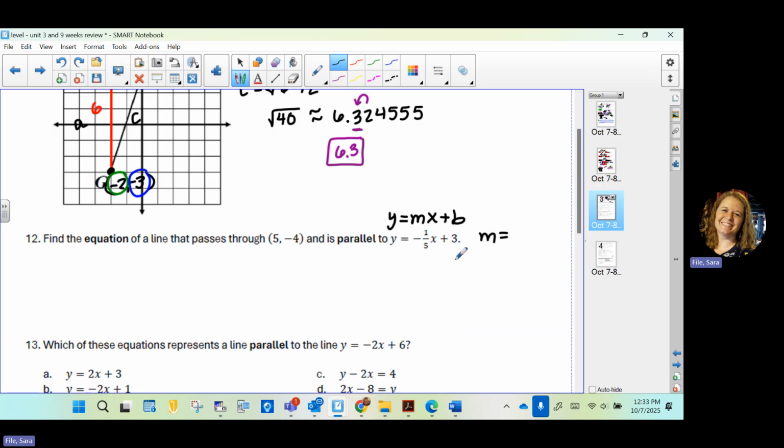What part of that is the slope? -1/5. And the question wants us to write the equation of a line that is parallel to that. And parallel means what? The same slope. Okay, so parallel means I'm going to use the same slope.